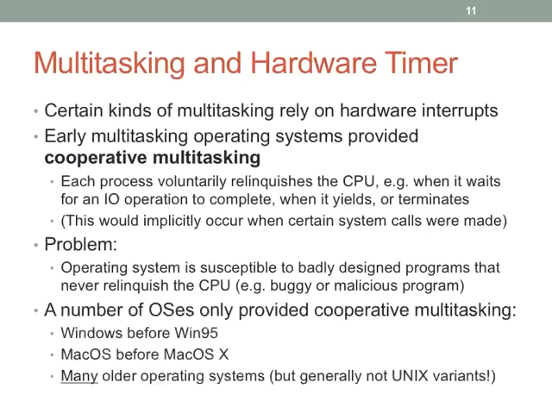Nonetheless, you had a number of operating systems that basically only did cooperative multitasking for a surprisingly long time. So all Windows operating systems up to Windows 95 actually were cooperative. And Mac OS before OS 10 was cooperative. And then there were a lot of other older operating systems that did cooperative multitasking.